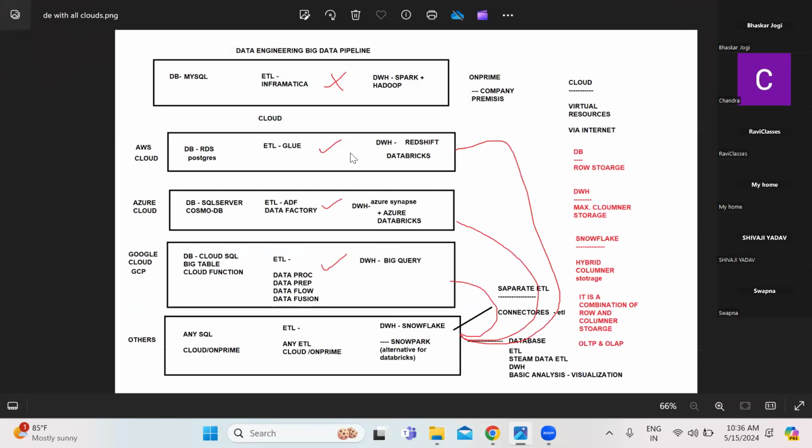You were saying Snowpark, right? Is it part of Snowflake, or do we need to learn Snowpark separately? As of now, Snowflake also claims that Snowpark is a feature of Snowflake. As of now, we don't need to learn Snowpark separately. Our Snowflake content will be helpful.